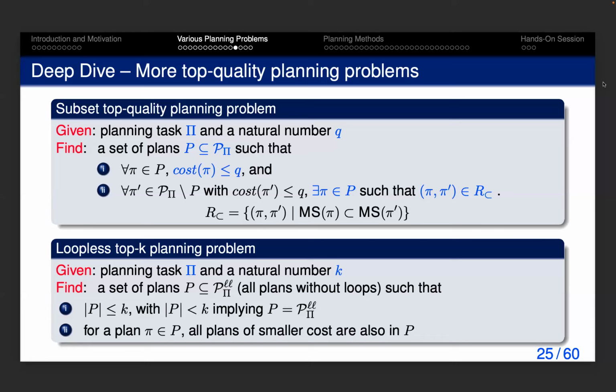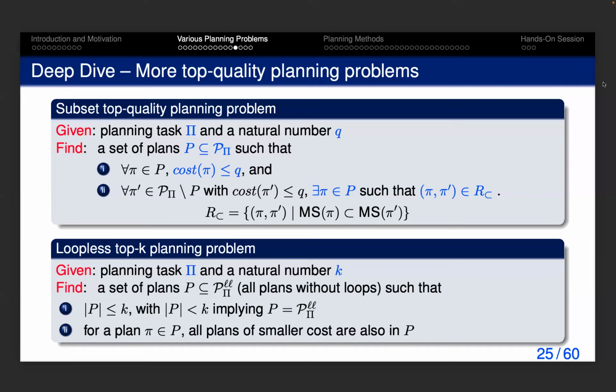So for loopless top quality planning, basically you can define the set of all loopless plans, and then you can define this analogously to the top K or top quality planning problem, over the set of loopless plans.